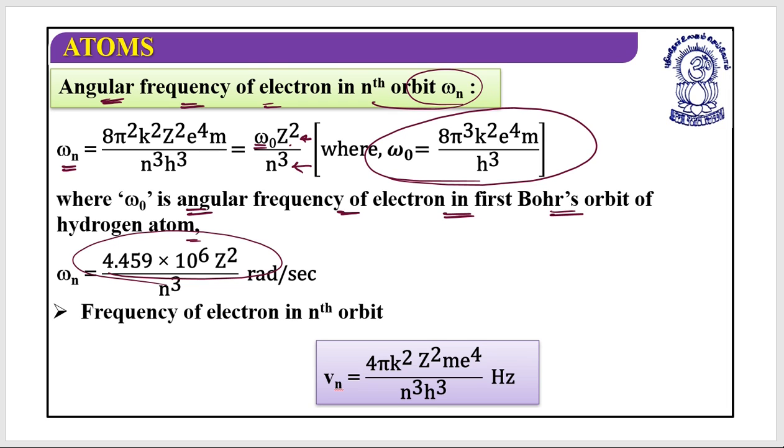That is the value of omega naught, multiplied by z square by n cube, in radian per second. I hope this is clear.